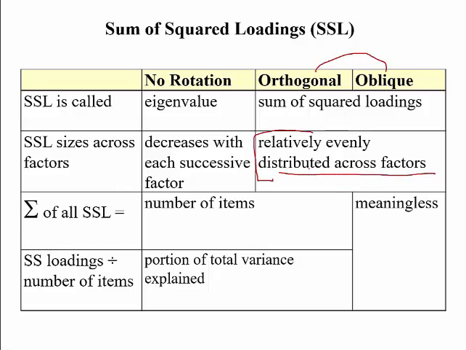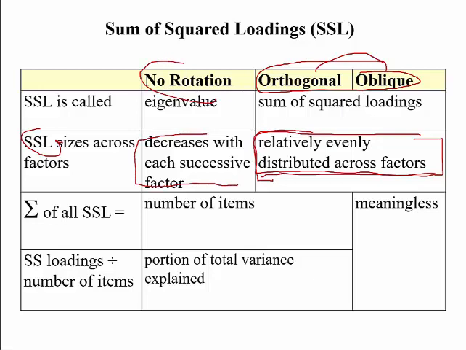The goal is to try to get a solution so that each factor or each component will explain approximately the same amount of variance in the items. So when you do rotation, and again, it doesn't matter if you do orthogonal or oblique, your sum of squared loadings will be relatively evenly distributed across your factors. Whereas if you do no rotation, that sum of squared loadings will decrease with each successive factor.